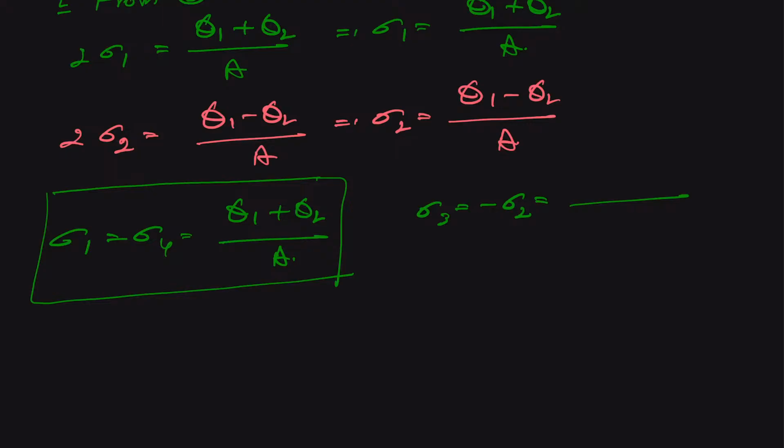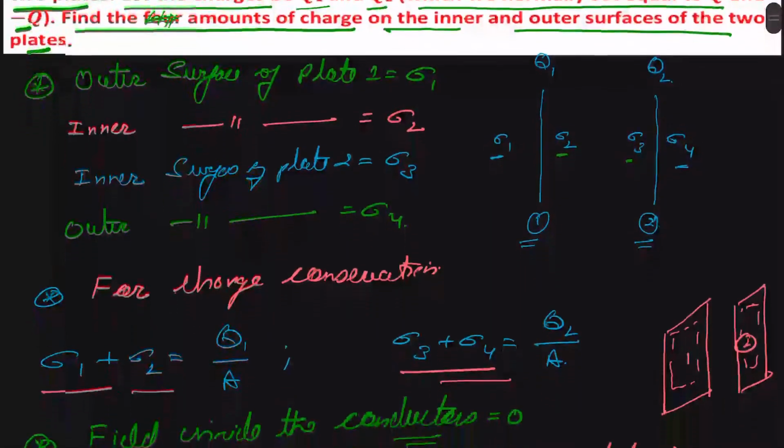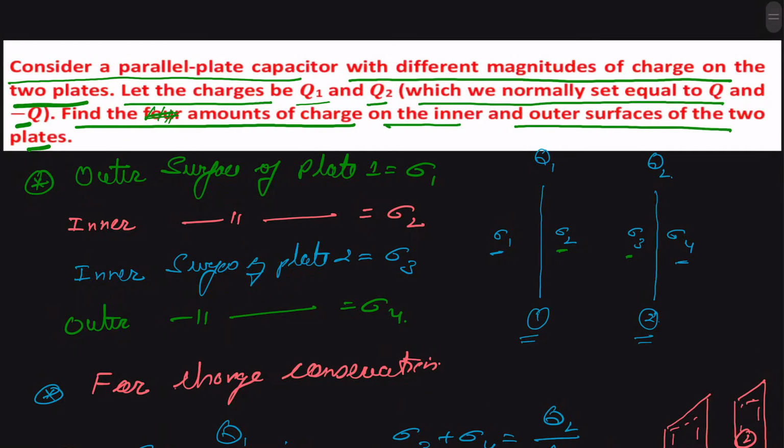So from here we get our Q2 minus Q1 upon 2A. So we got the respective charge densities. So this was required to find the amount of charge on the inner and the outer surfaces.